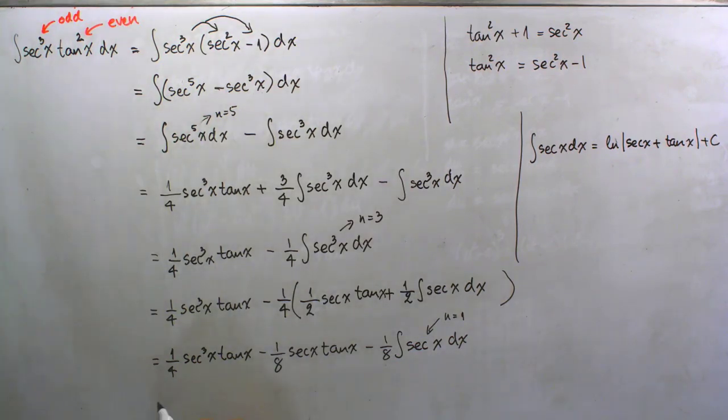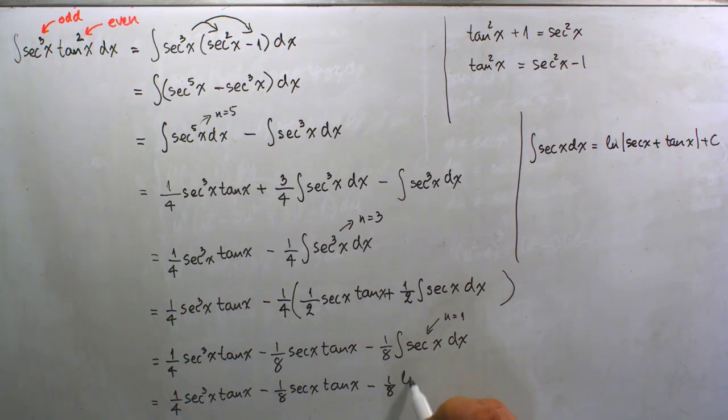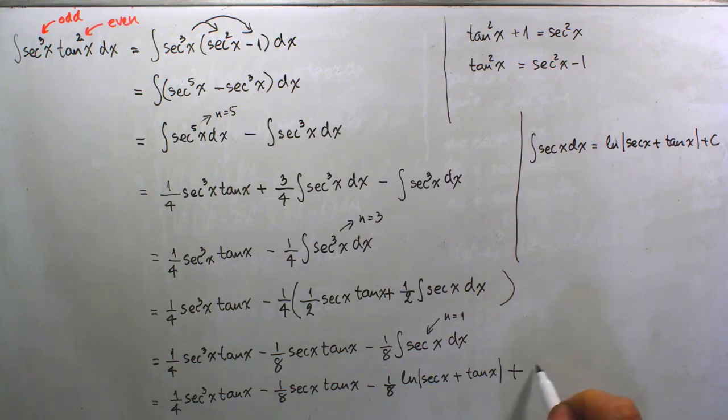So now my final answer comes out being 1/4 secant cube of x tangent of x, minus 1/8 secant of x tangent of x, minus 1/8 natural log of the absolute value of secant of x plus tangent of x, and don't forget plus c.